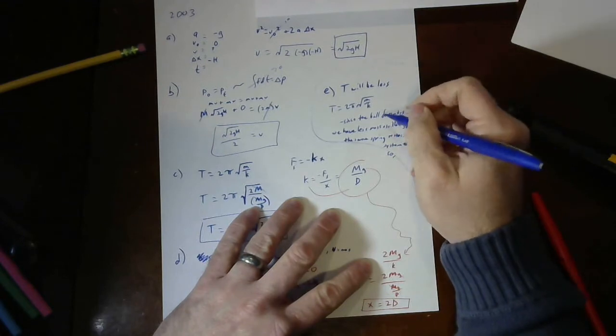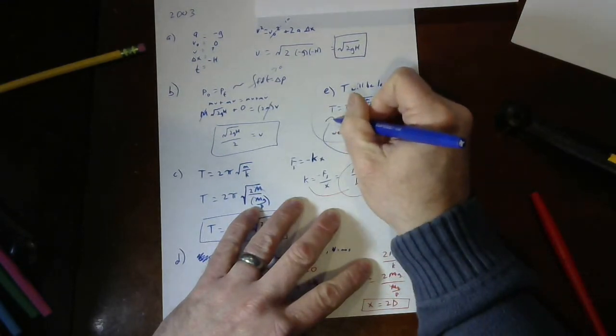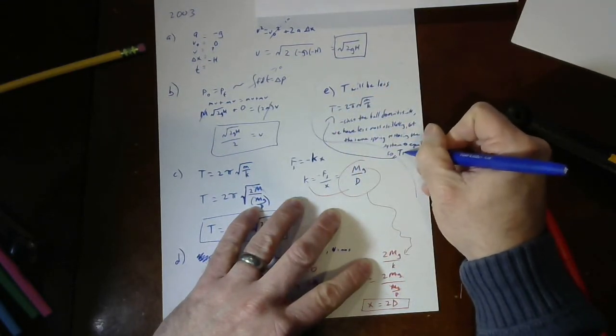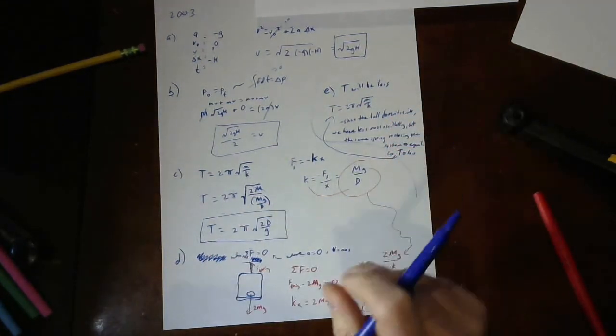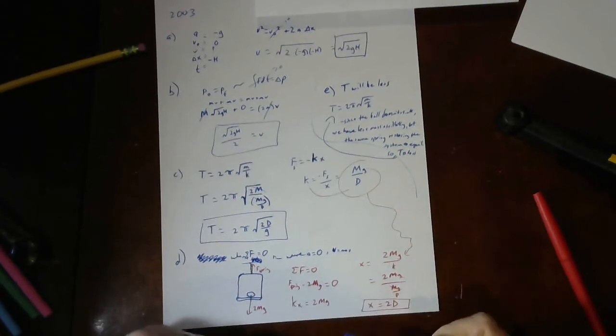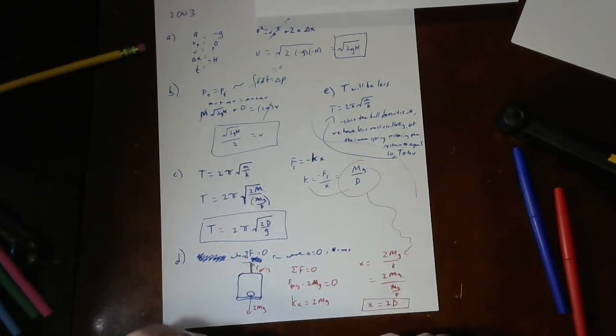So according to this, T is less. Less inertia, it's a lot easier to whip back and forth. Okay, that's it. So that's part E. Hey, that's the 2003 problem of the clay hitting the pan.